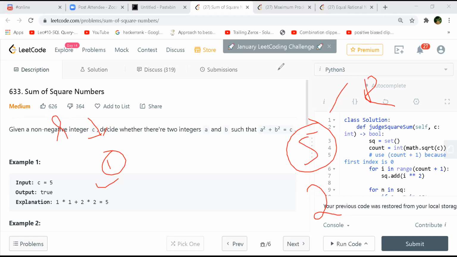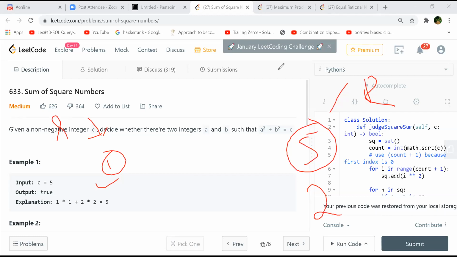No, C is already the square of the numbers, right? I'm asking about ranges. Which ranges should we start from, 0, and what about the second range? It could be just the square root of C, not exactly C, because in case of C we can have number overflow as an issue.